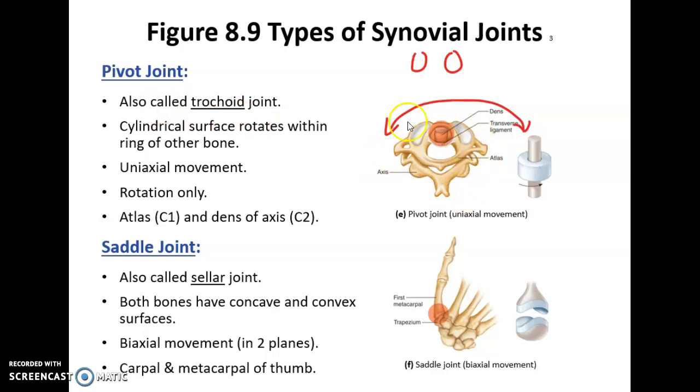So the pivot joint is between the atlas and axis. And then we have the saddle joint, and if you remember, it's like a saddle like this one. This is only one example in our body, between the carpals and the first metacarpal.